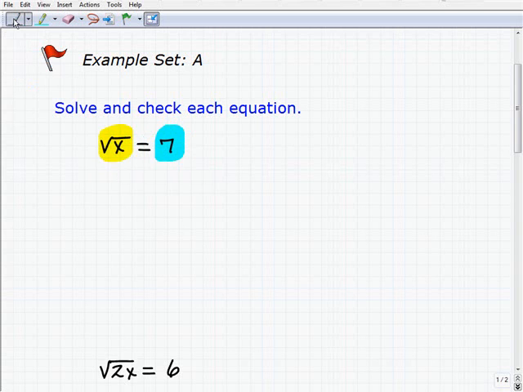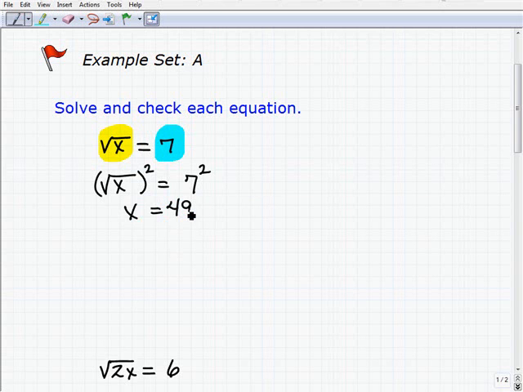Because we're taking the square root of x, I want to square both sides. So I'm raising the power to 2, just like this. And when we do that, we get rid of the radical. That's the whole idea behind solving radical equations: raise the power of both sides of the equation to get rid of the radical, and we end up with x equals 49.